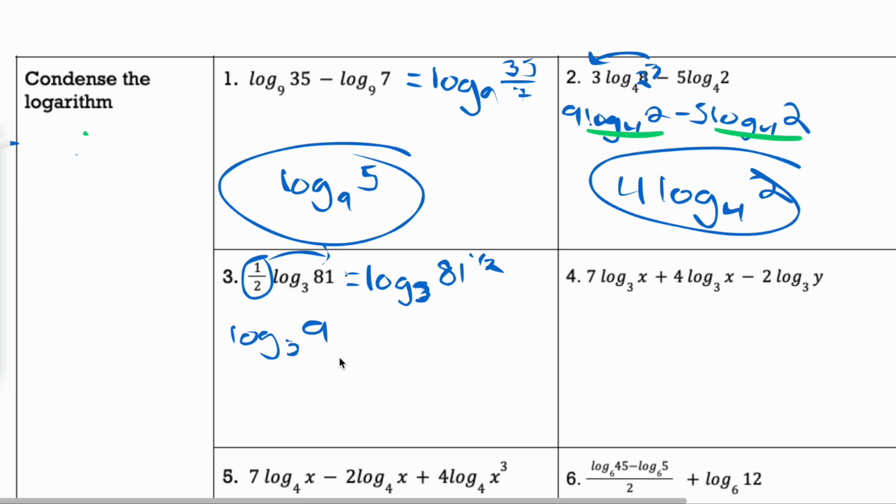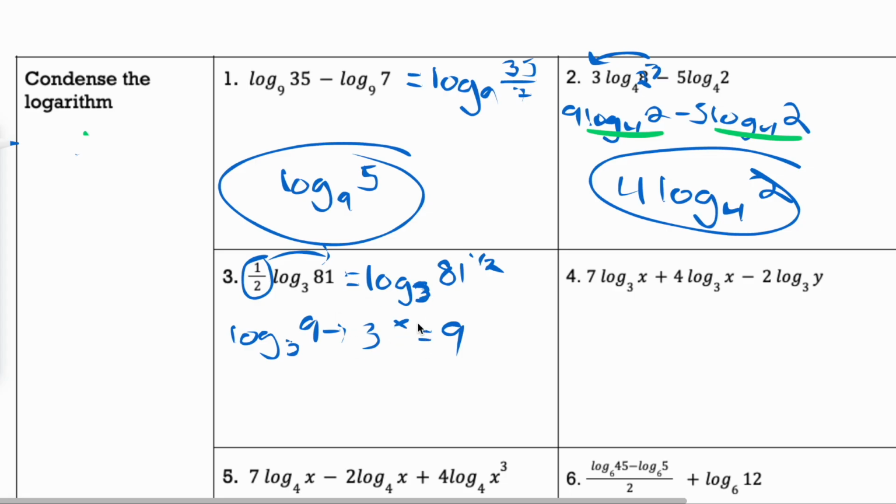Now let's go back to the very beginning. What is this saying? This is log base 3 of 9, which translates to 3 to the x power equals 9.